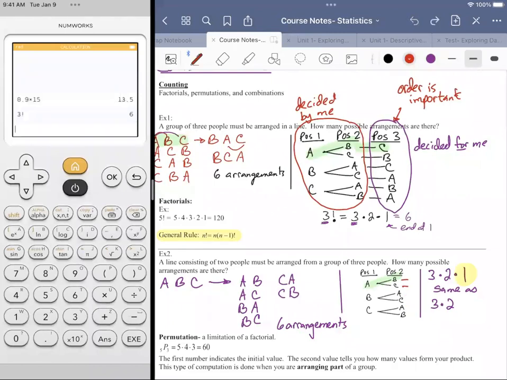I also kind of look at it like a good example would be you're participating in a race, and the person who finishes first gets a new car. The person who finishes second gets a new flat screen TV, and the person who finishes third gets nothing.